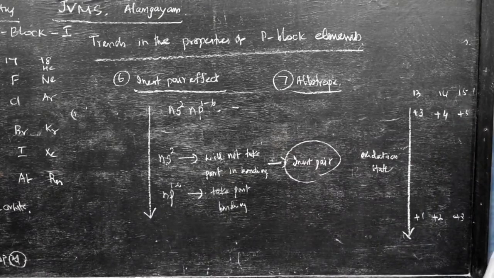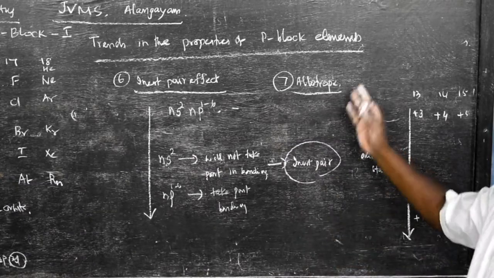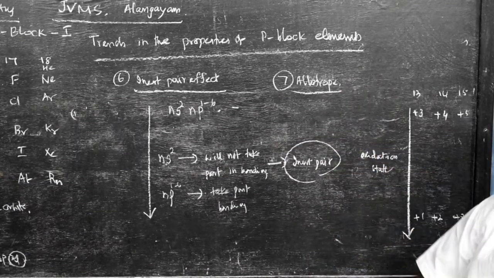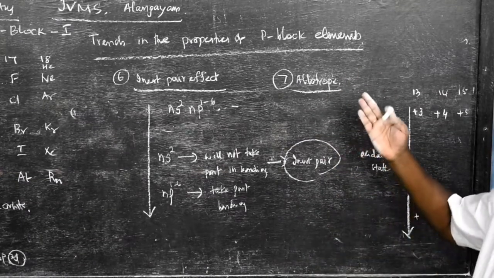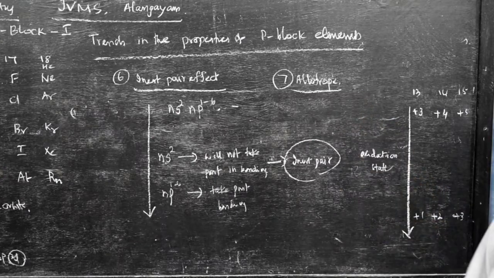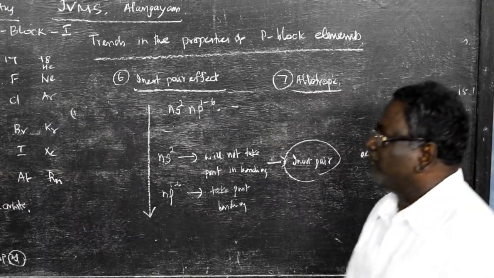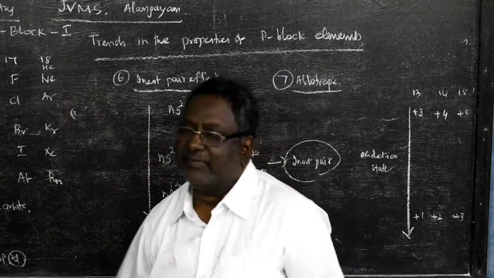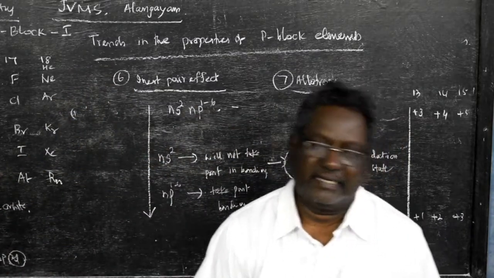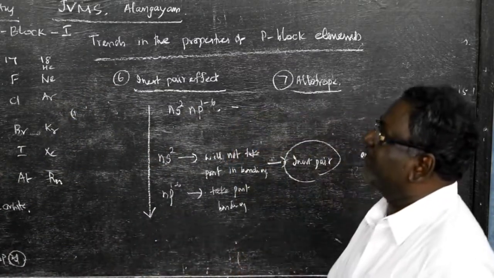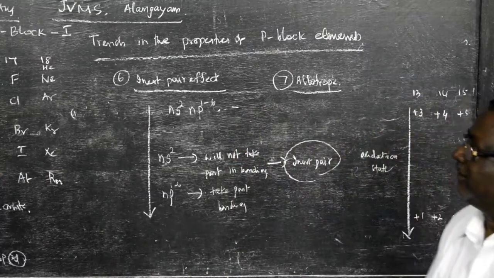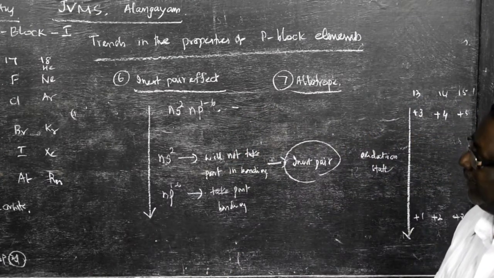So the property is called allotropism, and the substances are called allotropes. Almost all the elements have different allotropic forms, right? So these are the 7 properties that we have to take care of in this particular lesson.